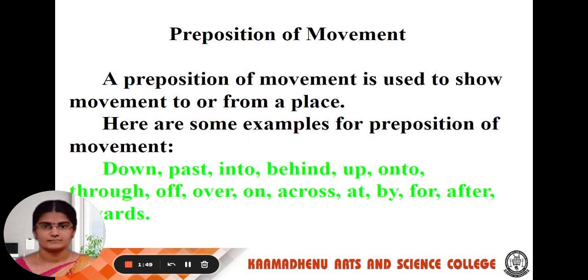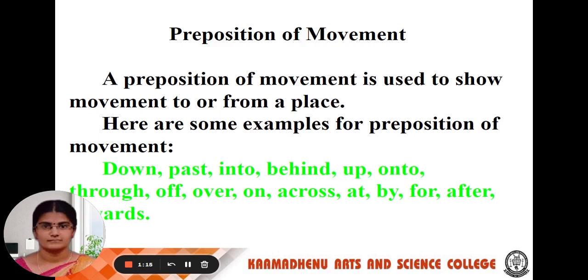Next is preposition of movement. A preposition of movement is used to show movement to or from a place, where it happened, in what position it happened. So, the examples we use for prepositions of movement are down, past, into, behind, up, on, to, through, off, over, on, across, at, by, for, after, towards.